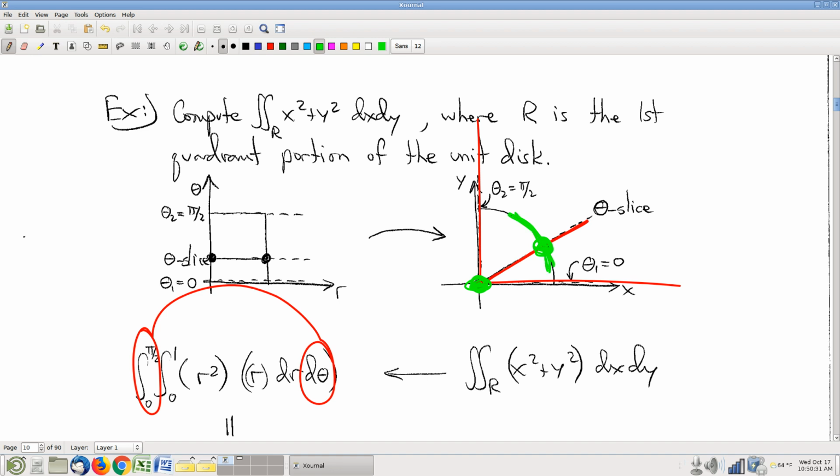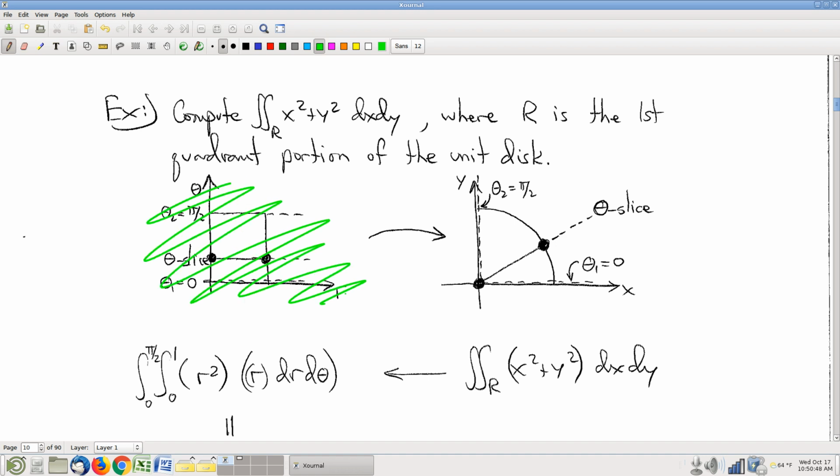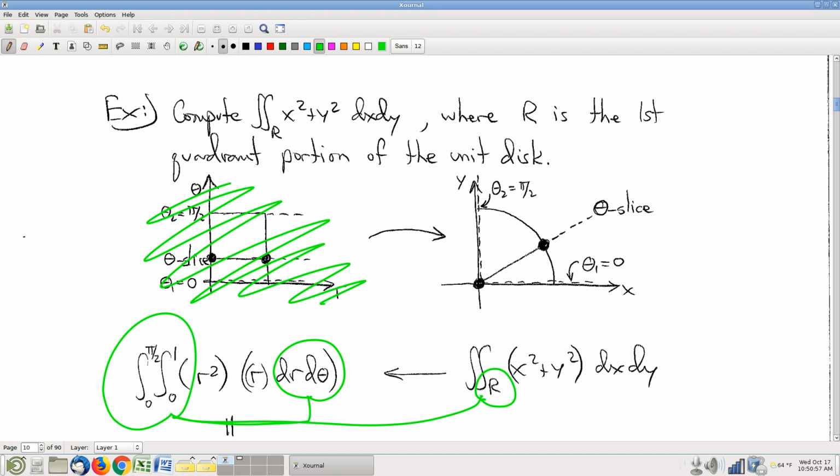That curve is part of the boundary of the unit disk, so that's where r equals 1. So r goes from 0 to 1. Okay. So, didn't need this picture at all. This domain gives us those polar bounds.